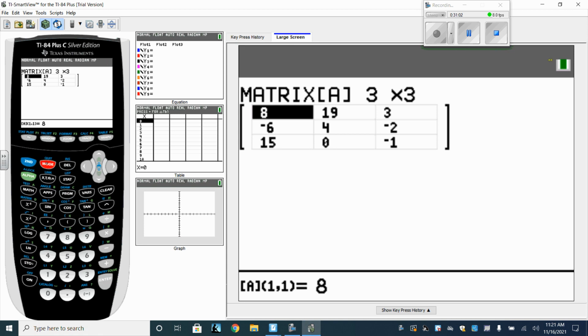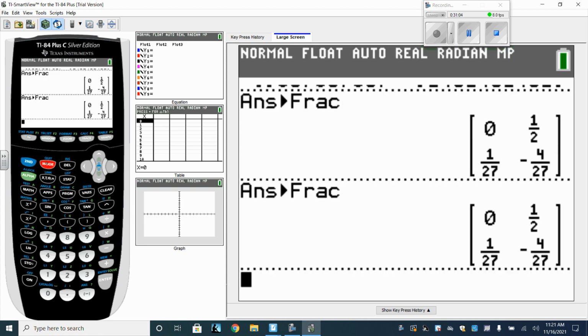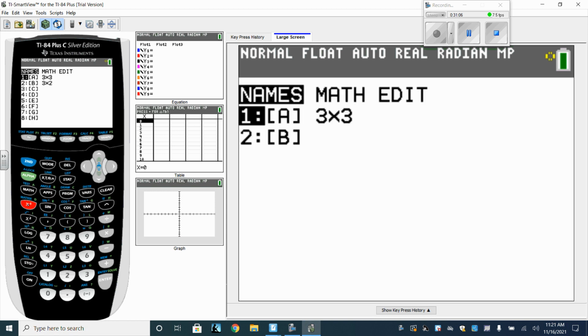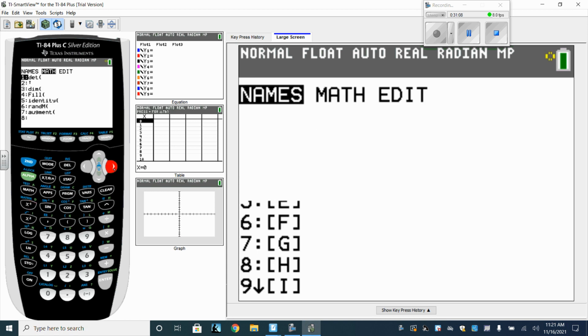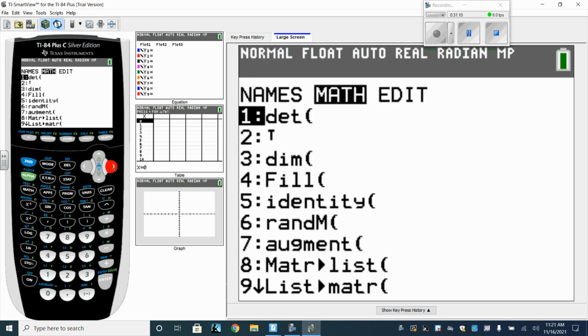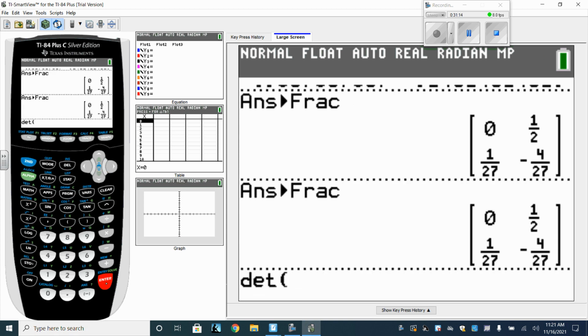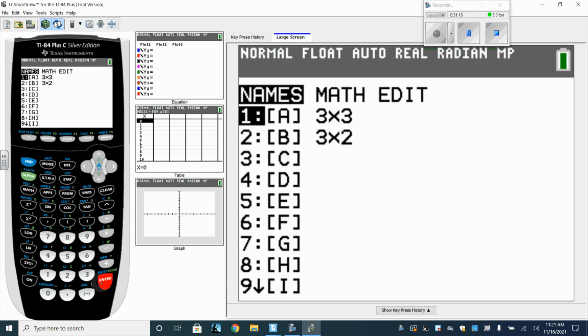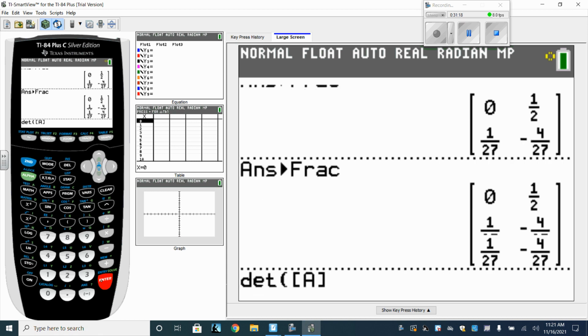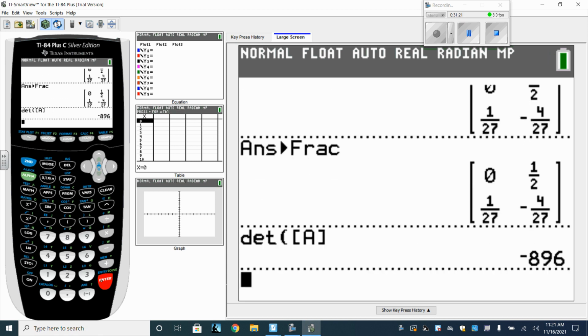At this point, we can go second quit. Then second matrix. We need to go over to math, and the first one in the column is DET, which is determinant. Second matrix A, enter, and the correct answer would be negative 896.